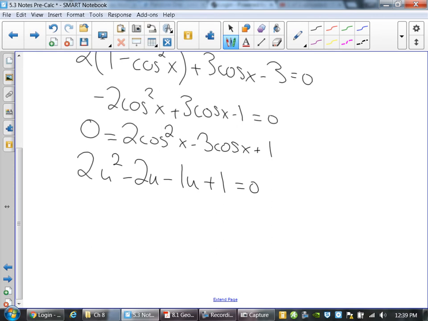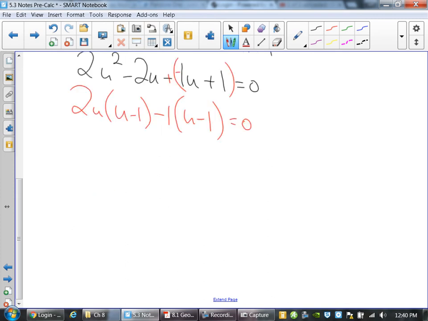When you have this third term negative, make sure you put it inside the parentheses so you remember the factor. So you have 2u, so you have 2 cosine of x minus 1.